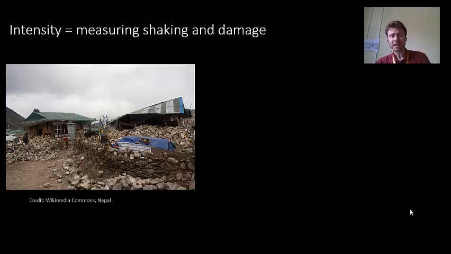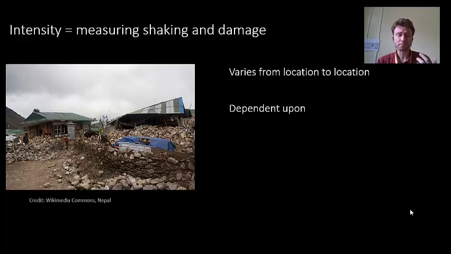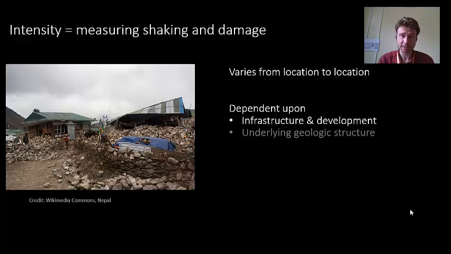But while this is valuable to calculate our own experiences, what our map shows us is that intensity really varies from location to location. And a few key points to remember is that intensity is dependent upon the infrastructure and the amount of development in a certain area, how earthquake resistant buildings are actually constructed, the underlying geologic structure, what's going on in the soils, the bedrock in one region.